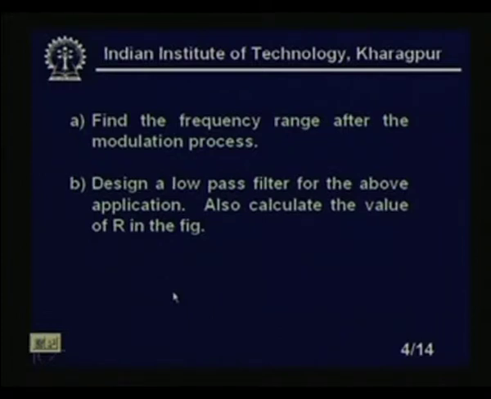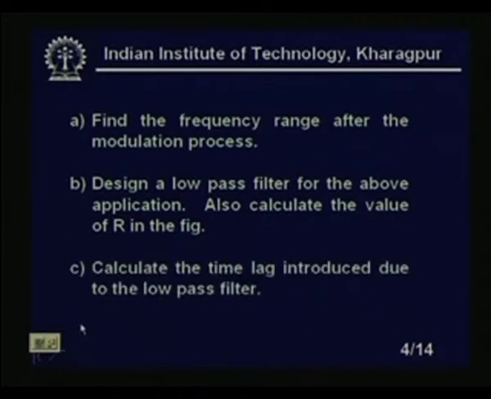Part C: calculate the time lag introduced due to the low pass filter. These are all the problems, and we will solve them one by one. Let us look at how we can solve this problem.